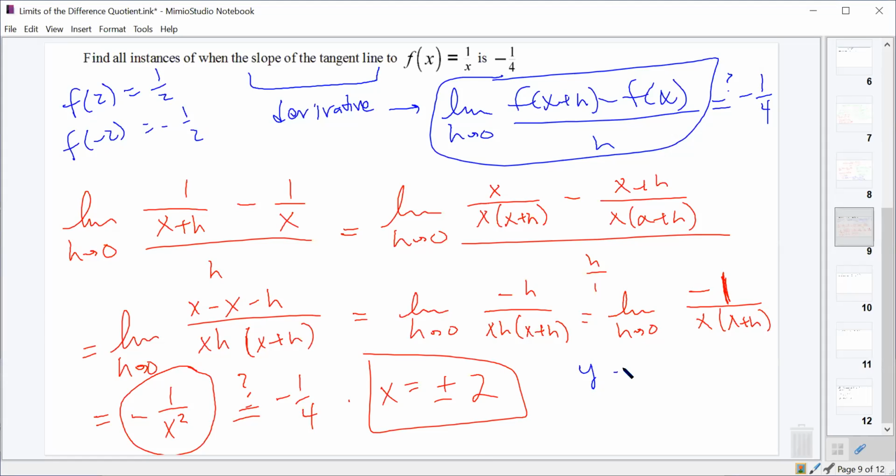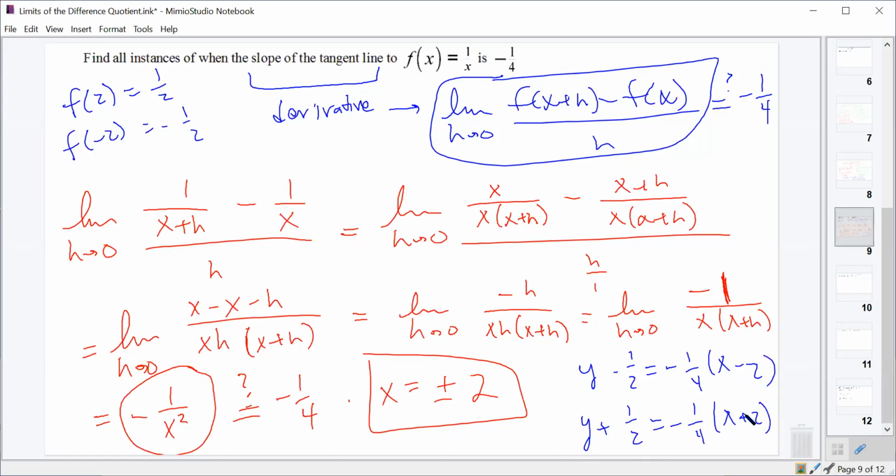All right. So if I wanted to write the equation of the actual tangent lines that have that slope, it should be y minus the y value equals the slope times x minus the x value. Or y minus -1/2 equals -1/4 times x minus -2.